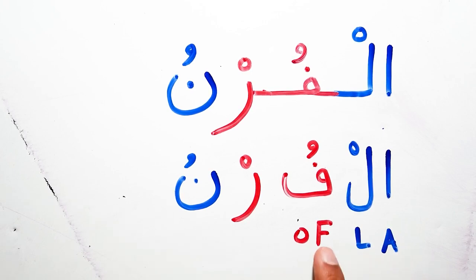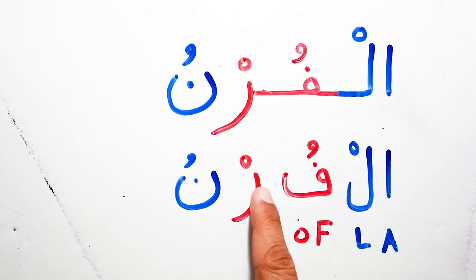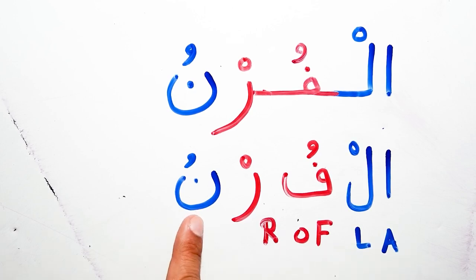So L, Fu, and then we have this Ra has a sound of R. Fur, L, Fur, and finally we have the sound of N in the end, which is Nu. So it is N, and this one has the sound of O. Sorry, I mix capital with the small letters, but anyway, the most important thing is to learn how to read Arabic, not English now.